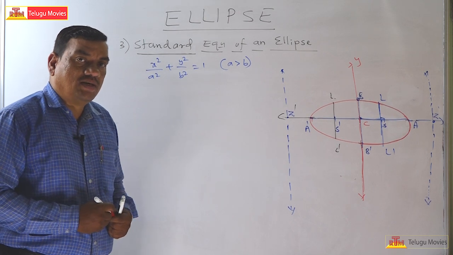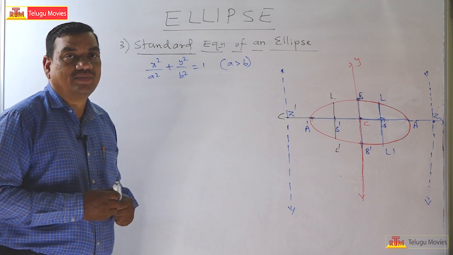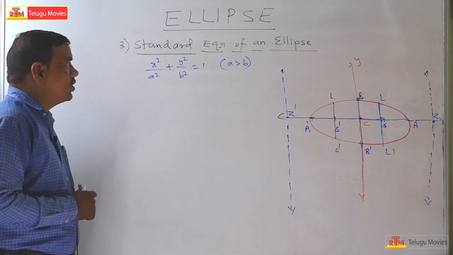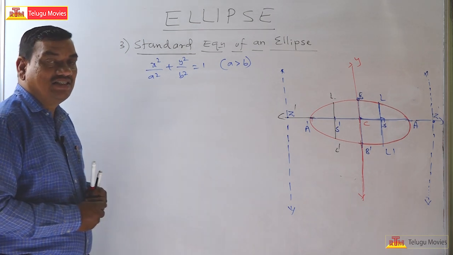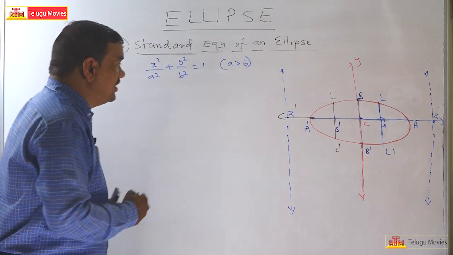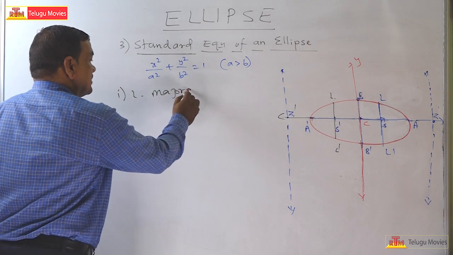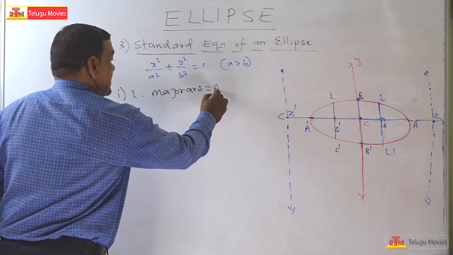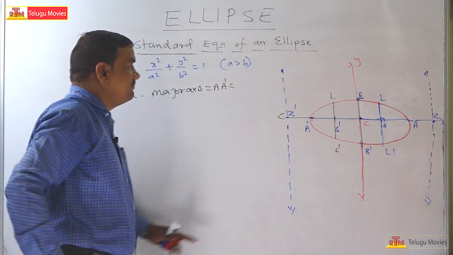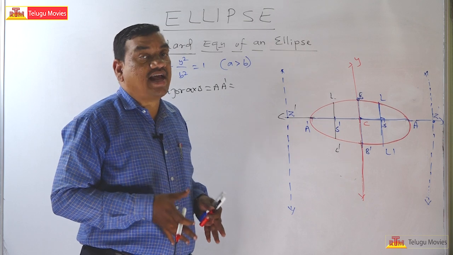Now in this topic we are going to see the lengths and distances. What do lengths and distances mean? First I will find out the lengths. First thing is length of major axis. Major axis means A to A dash only we call it as major axis.